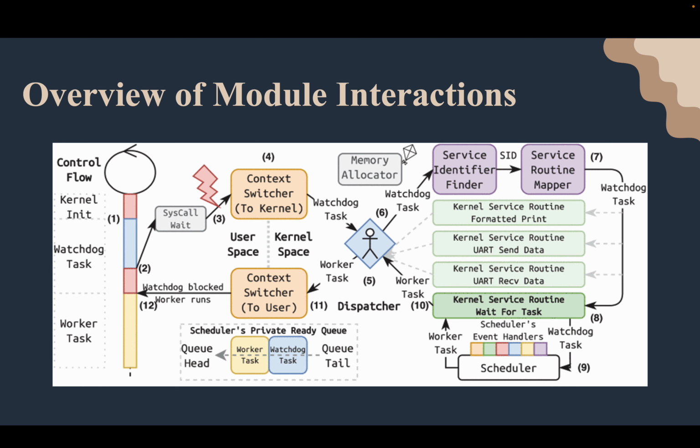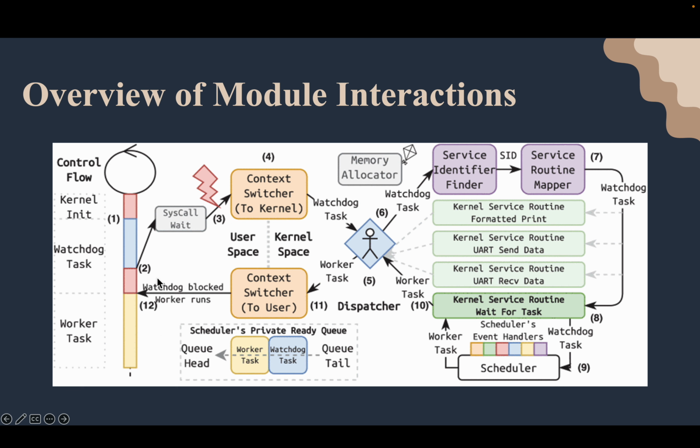When the system boots, the kernel initializes itself and lets the watchdog task run. 1. The watchdog task invokes a system call to wait until the worker's task finishes. 2.